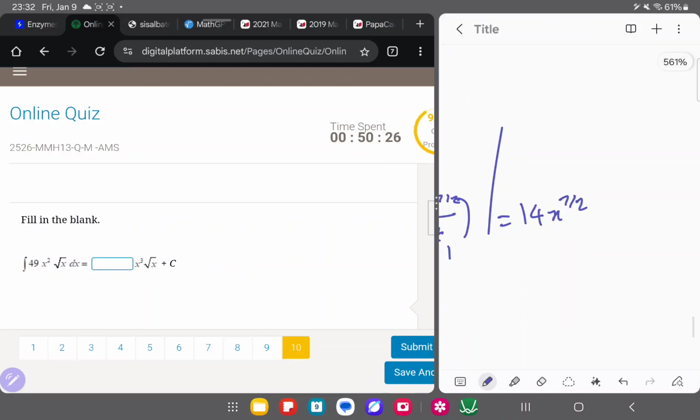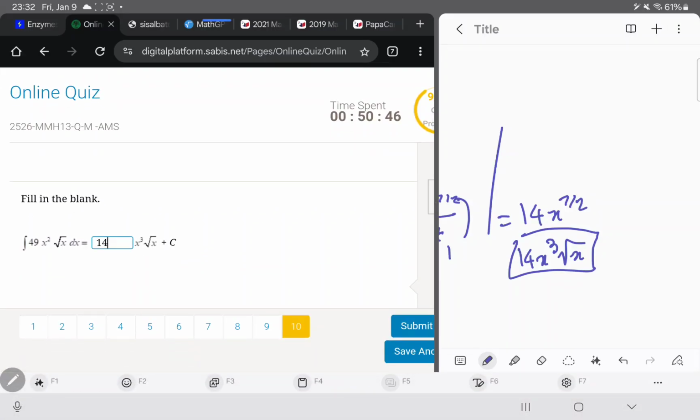And then over here, they show that they split it into 3 and a half. 3 plus half is also equal to 7 over 2. So that means you can safely split this into x cubed times square root of x. There you go. This is the answer.